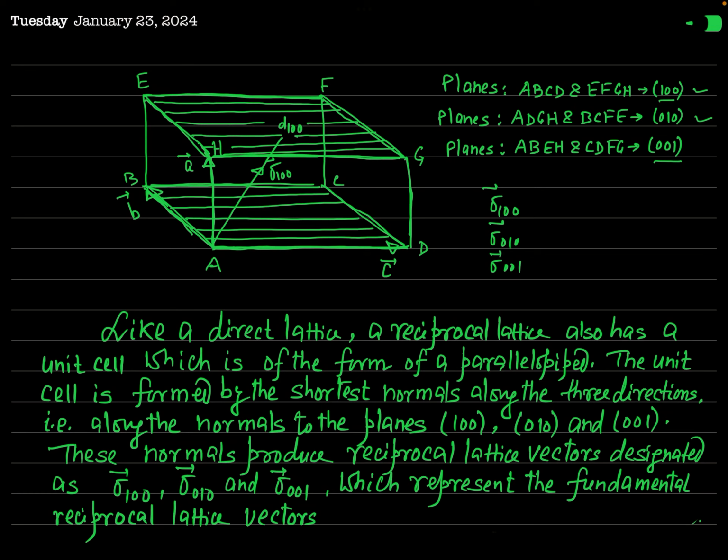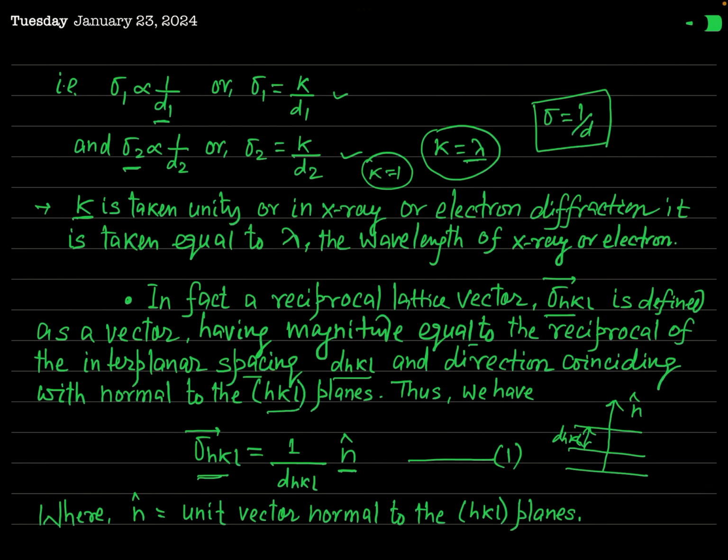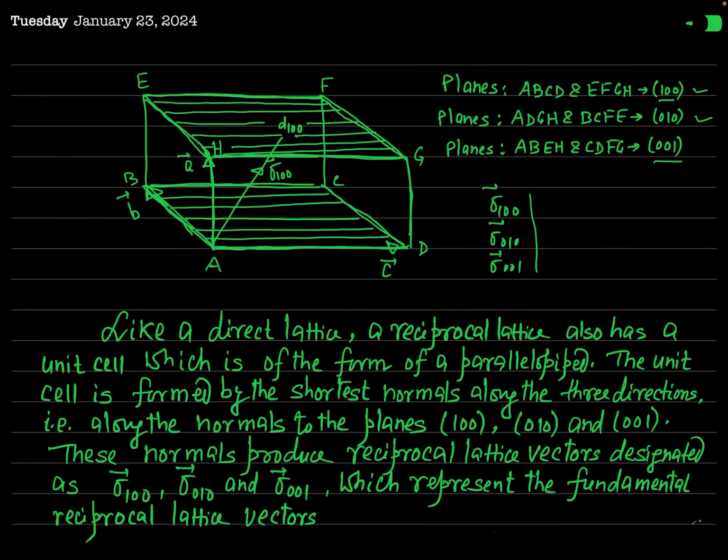Okay, and now you can easily understand how we will define this primitive translation vector for the reciprocal lattice. For this you can see this figure.